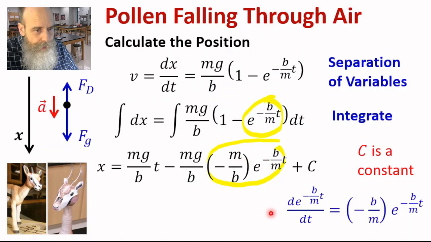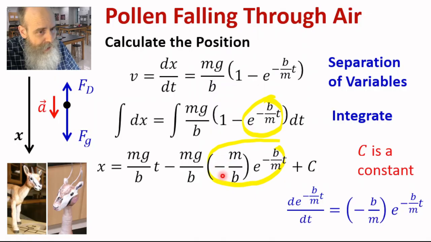Let's look at this. d of e to negative b over m t by dt is negative b over m times e to negative b over m t. So each time we differentiate this exponential function, we get a factor of negative b over m coming in front. We don't want this negative b over m in front, because we want just this. So that's why we multiplied by negative m over b.